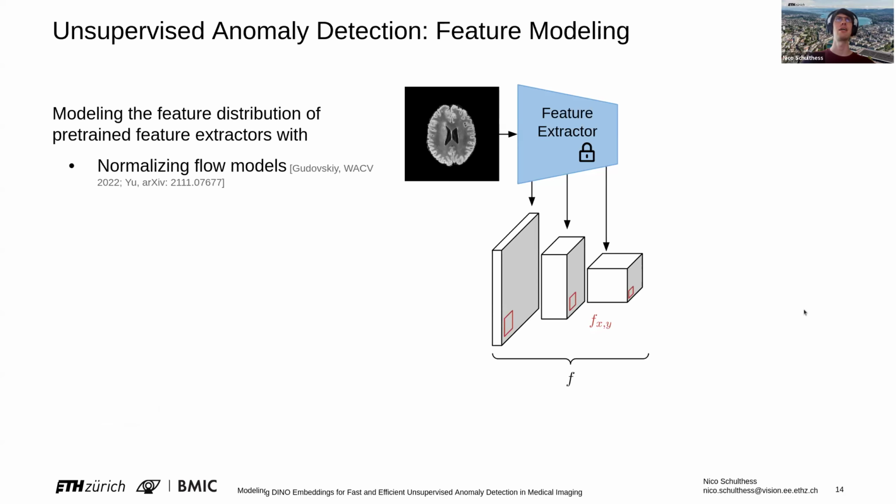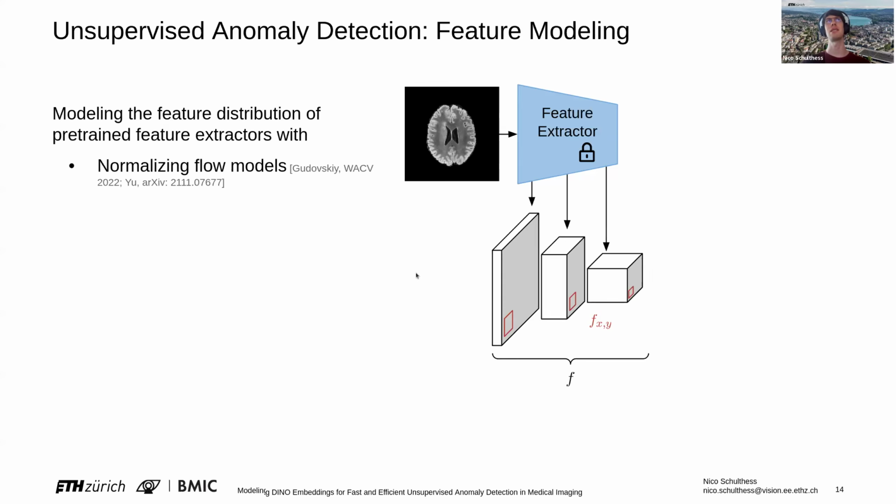Then, last but not least, another big group of works is the feature modeling works. There, again, the intermediate features of a pre-trained feature extractor are extracted, and the goal is to model the distribution of these intermediate features for all the normal images.